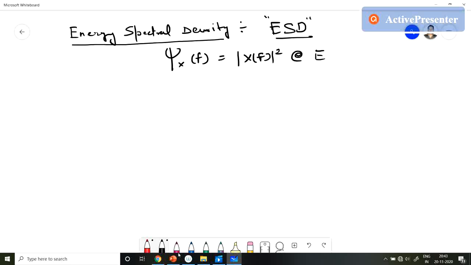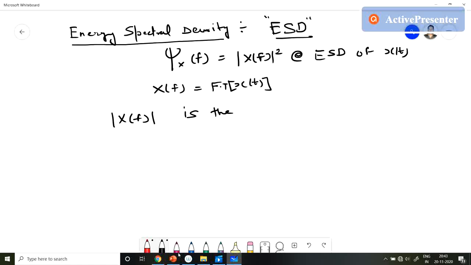That is the energy spectral density of x(t). And what is X(f)? X(f) is the Fourier transform of x(t). So modulus of X(f) is the amplitude spectrum of x(t).